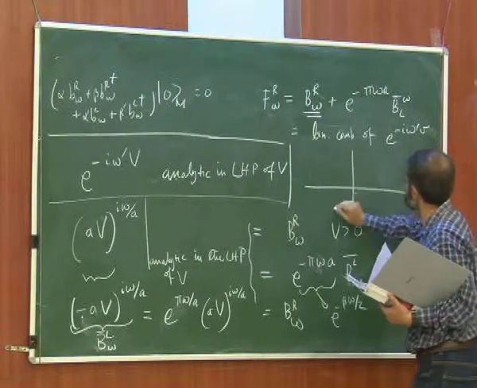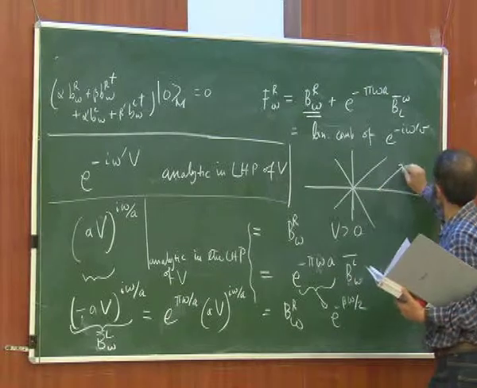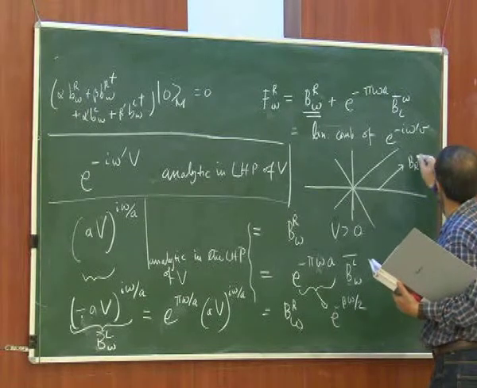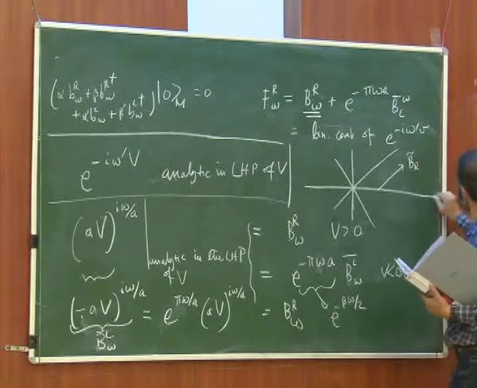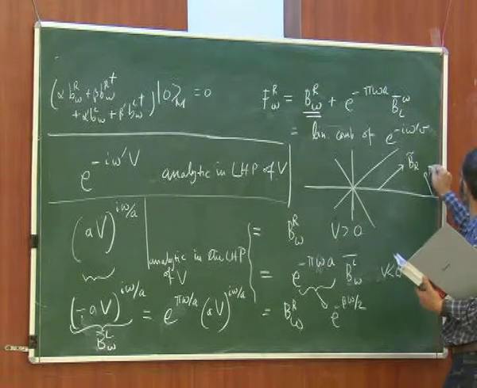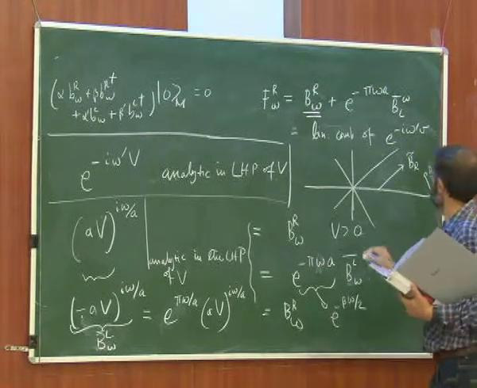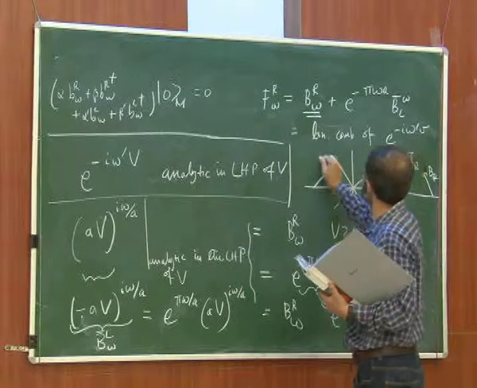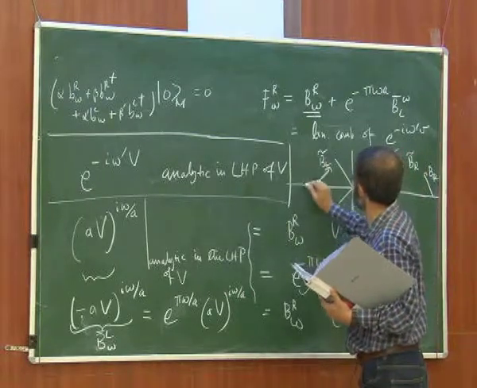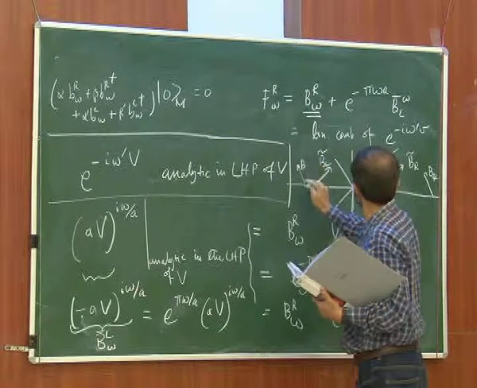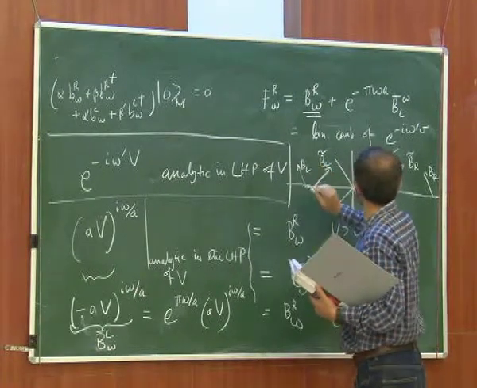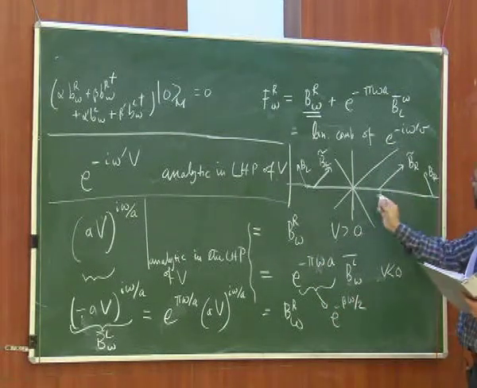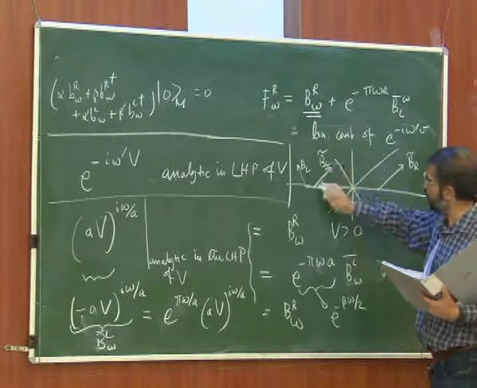So remember, this is what our notation is: these fellows are B R tildes, these are B R, and this is B L tilde, and this is B L. What is happening is that you take a linear combination of this guy and a complex conjugate of this one.